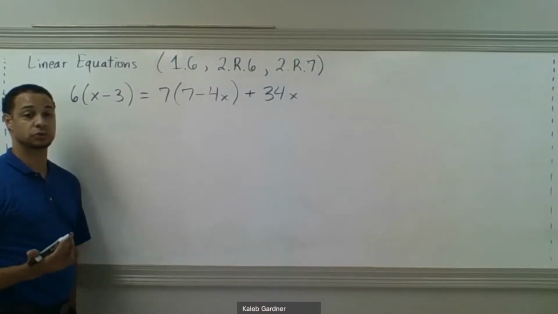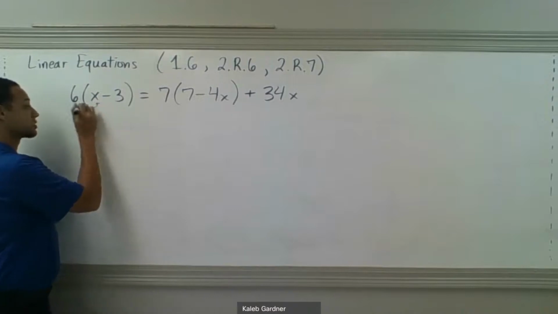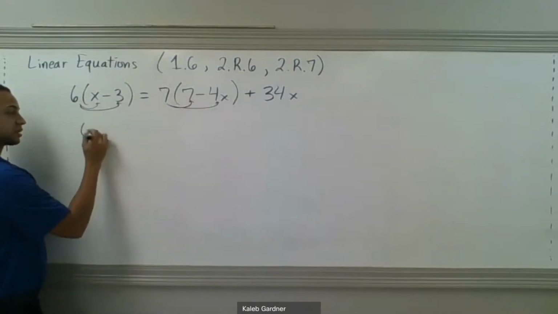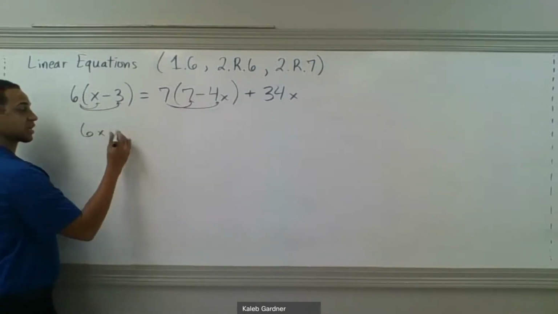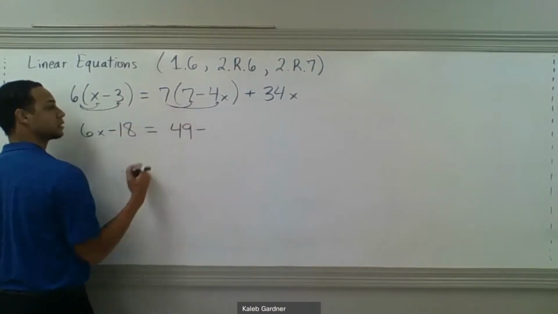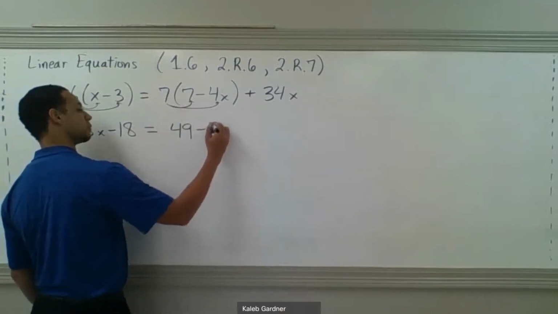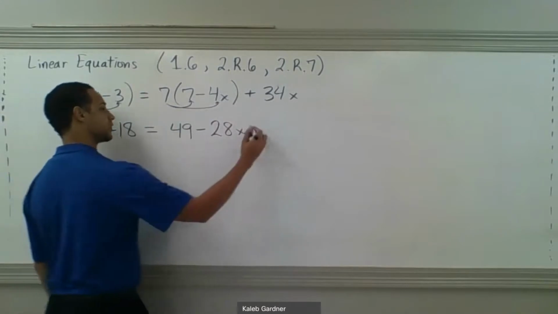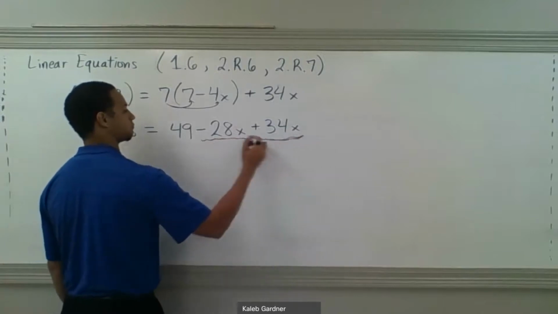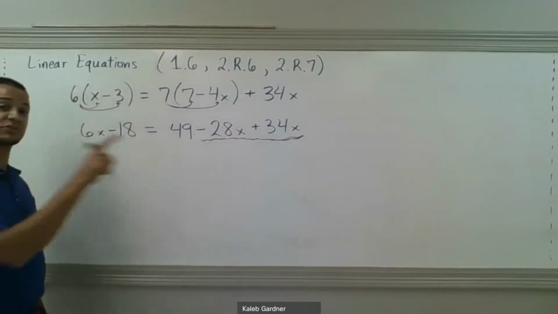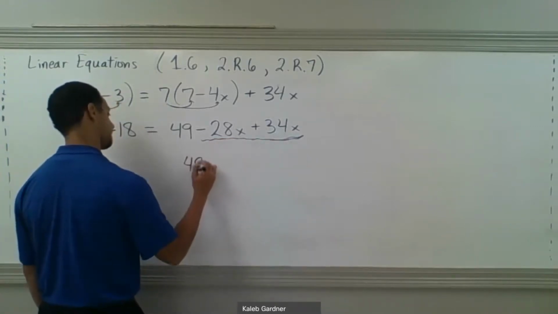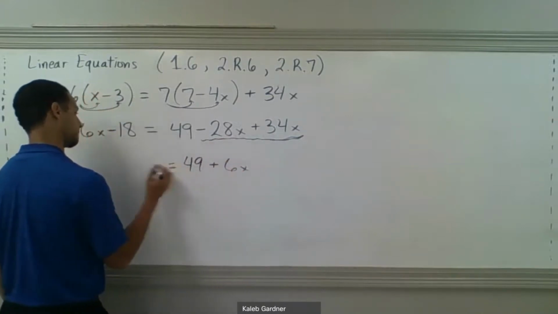I have an opportunity to distribute twice here. 6 times x is 6x. 6 times negative 3 is negative 18. 7 times 7 is 49. 7 times negative 4 is negative 28x, plus 34x. See what I see here? Like terms on the same side, the right side of the equal sign. We can combine these two to make positive 6x.